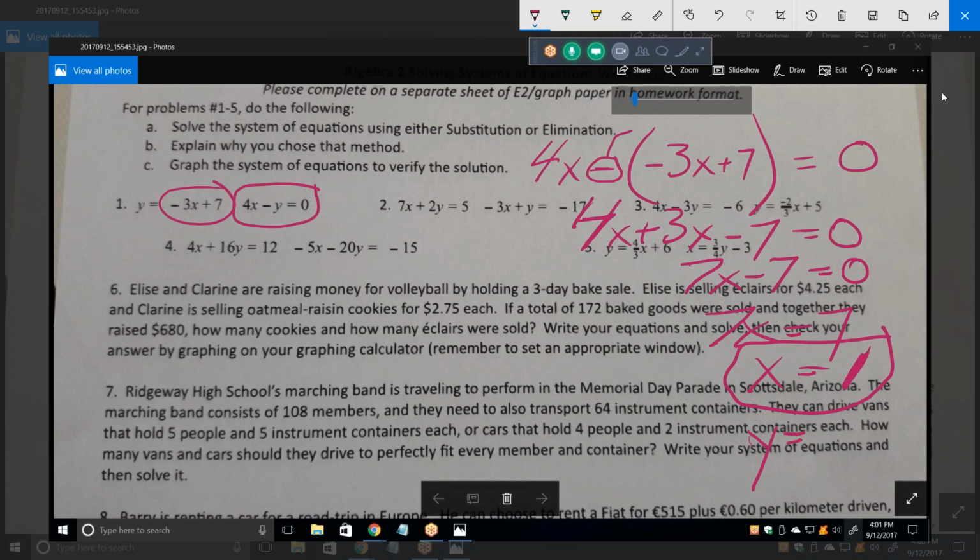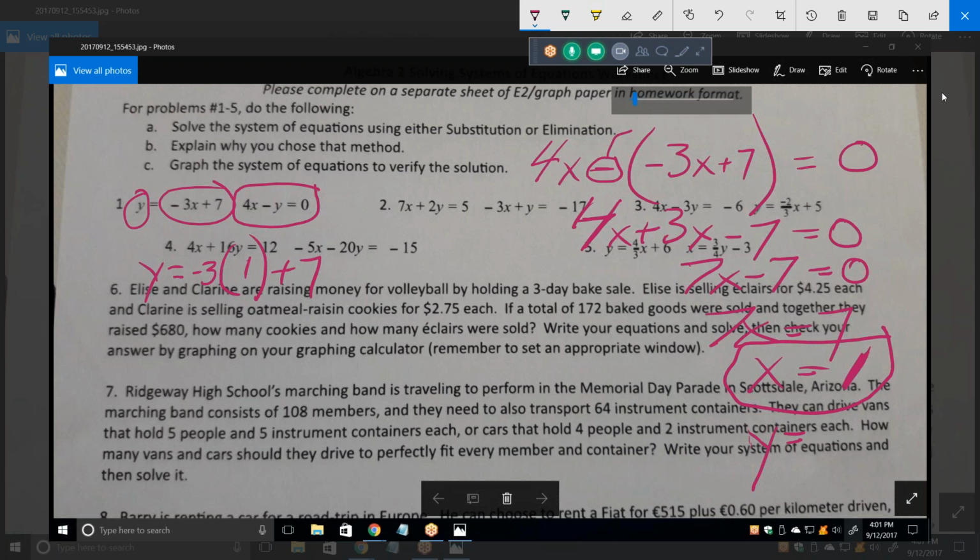Plug in x. For which equation? The first one. Probably that's the easiest one because that's got y all by itself on the left. So what's y equal to? Minus 3 times what? 7 or 1.